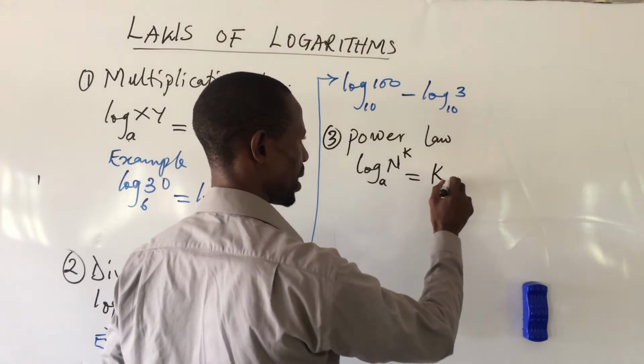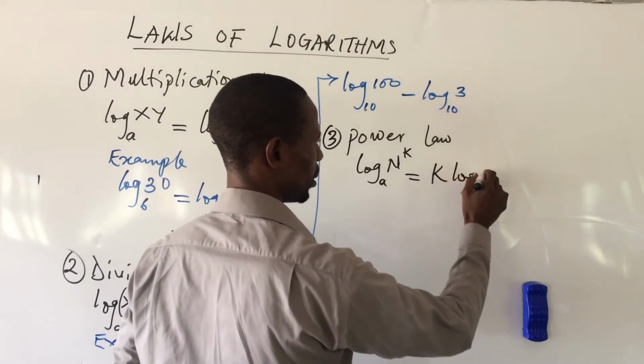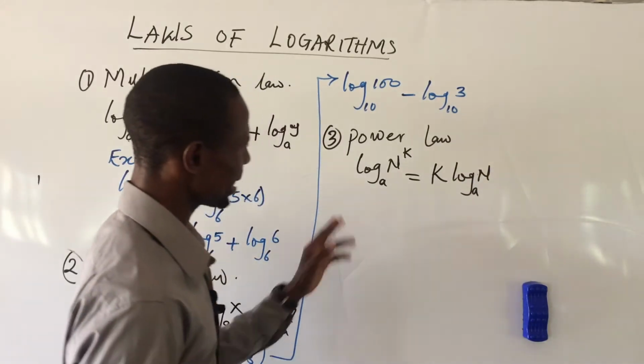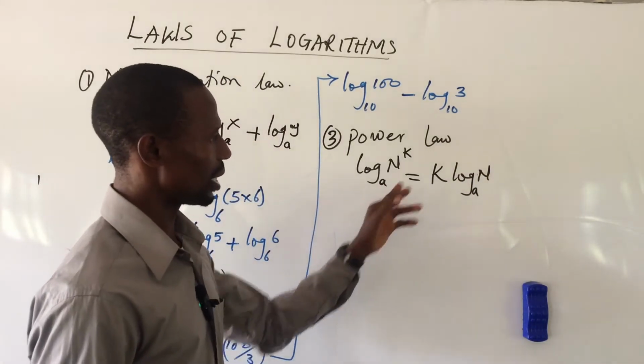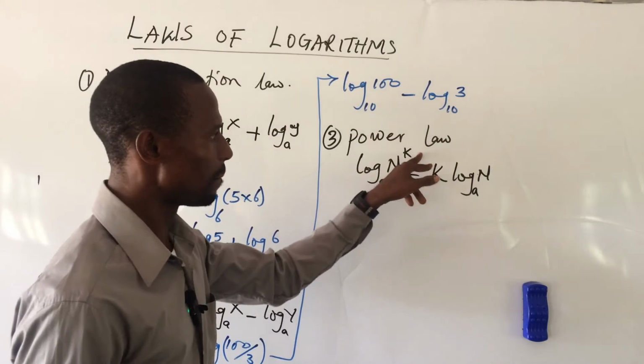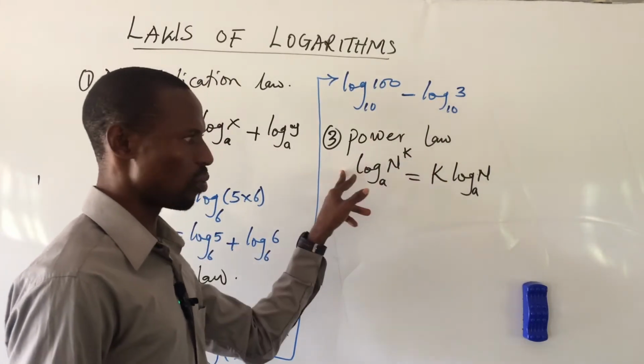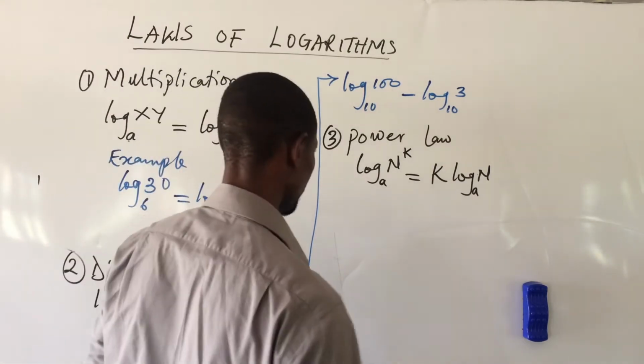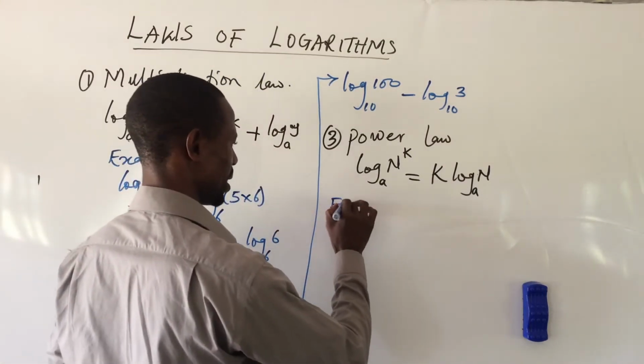So this is going to give you k log n to the base a. Anytime you have an expression of this kind, move the power backward, then multiply by the log. So to this effect, let's look at an example.